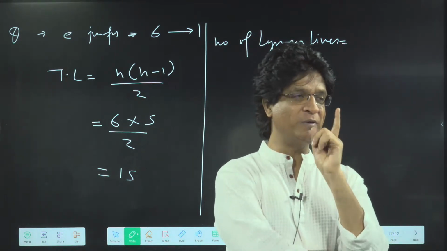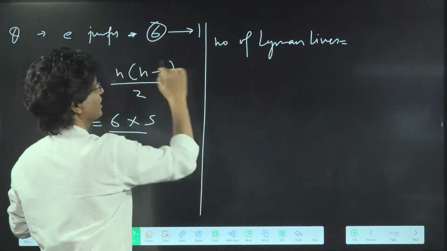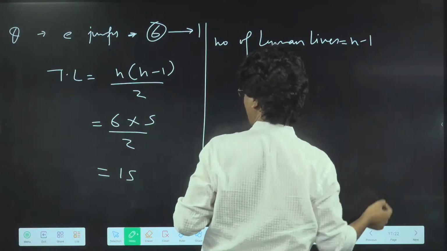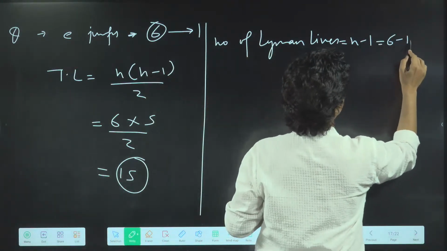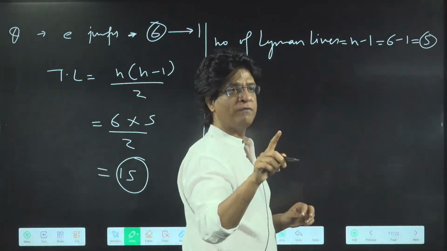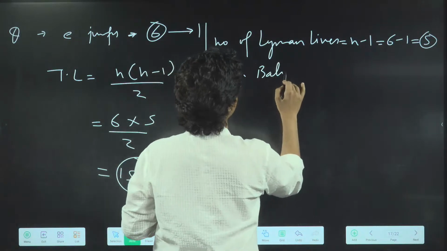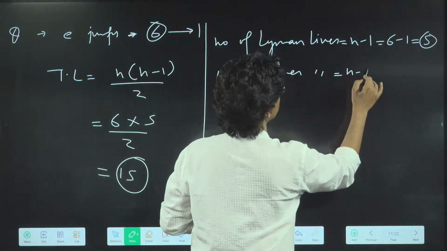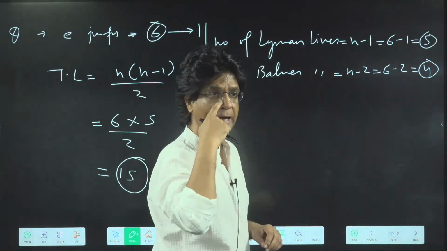Not 14. It will be 5. Orbit number n is 6, so n minus 1. Out of these 15 total lines, 6 minus 1, that is 5, will be Lyman lines. The number of Balmer lines will be n minus 2, equal to 6 minus 2, equal to 4.